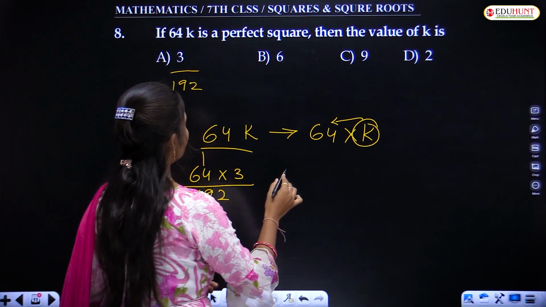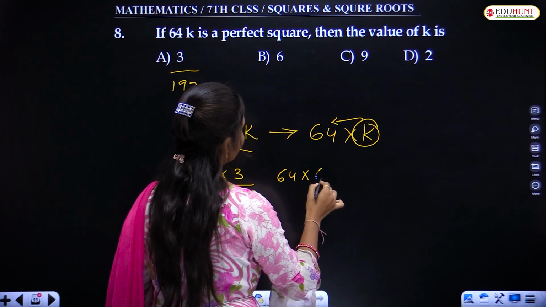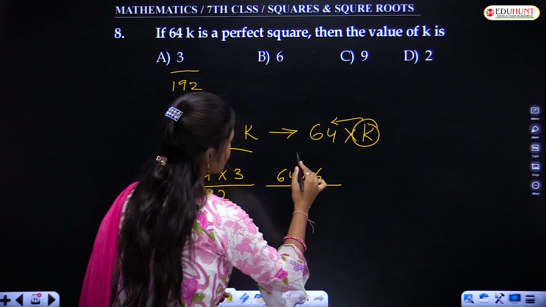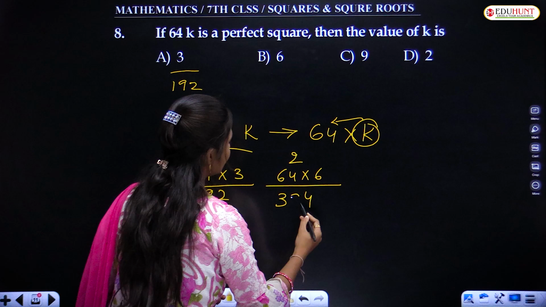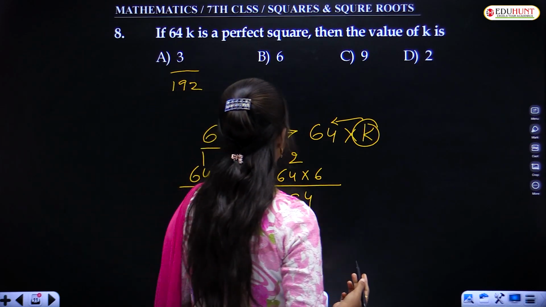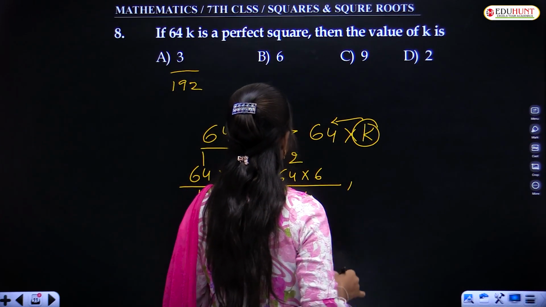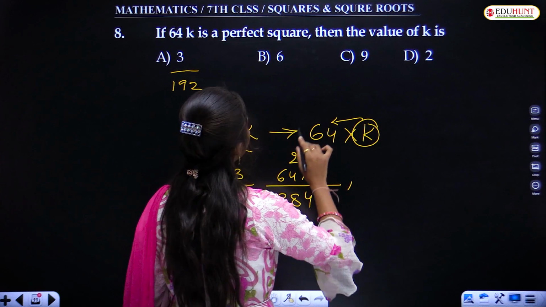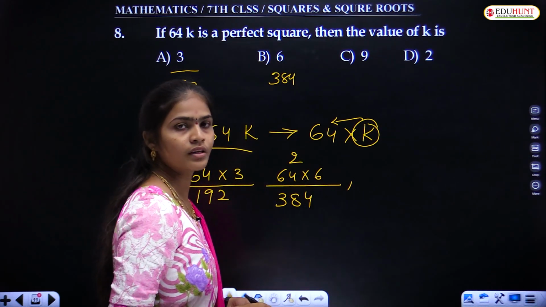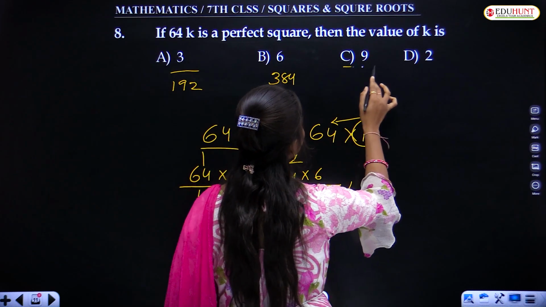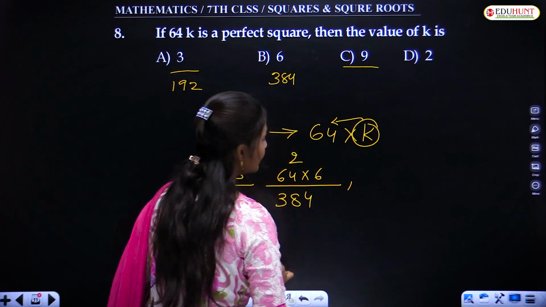Next, 64 multiplied with 6: 6 4s are 24, 6 6s are 36 plus 2 equals 38. So here we will get 384. Next one, we multiply with 9.